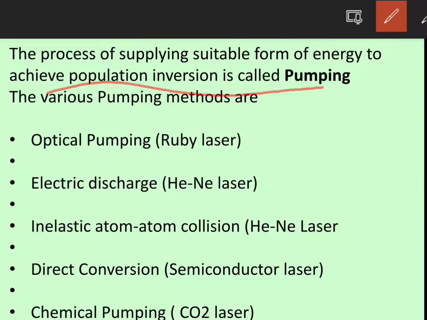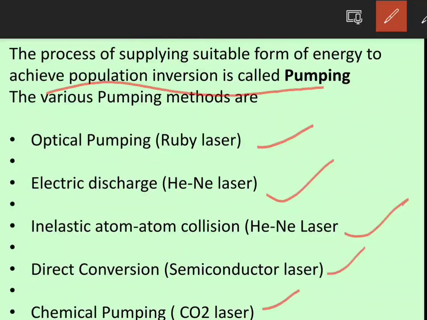The various pumping methods are: first, the optical pumping method, which is used in the ruby laser; the electric discharge pumping method, which is used in the helium neon laser; inelastic atom collision, which is also used in the helium neon laser; the direct conversion method, which is used in the semiconductor laser; and the chemical pumping method, which is used in the carbon dioxide laser.